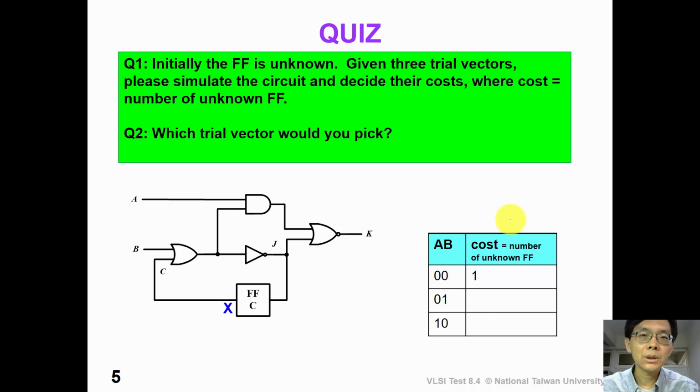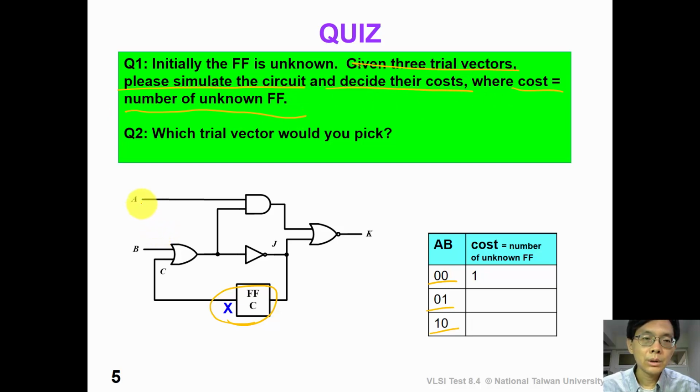Now it's time for a small quiz. For this given sequential circuit, assume that the flip-flop is initially unknown. Given three trial vectors, which are 0 0, 0 1, and 1 0, please simulate this circuit and decide their cost, where cost is defined as the number of unknown flip-flops.